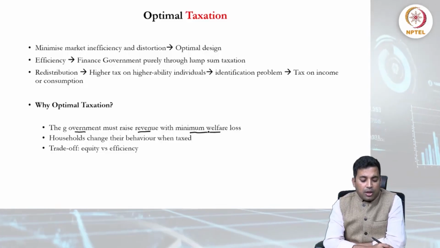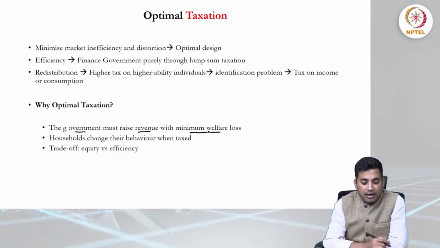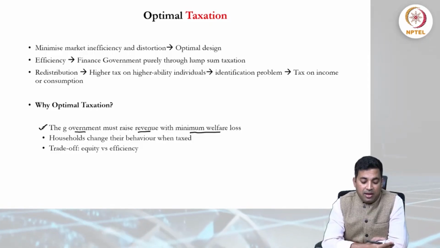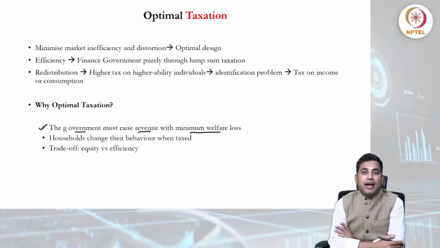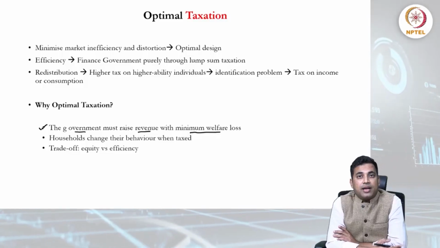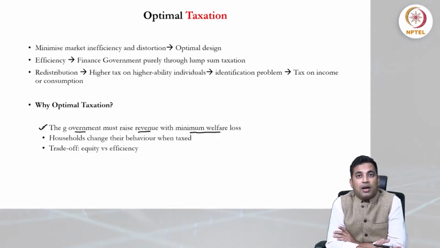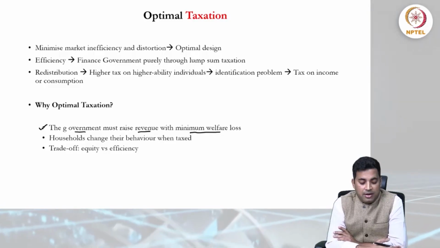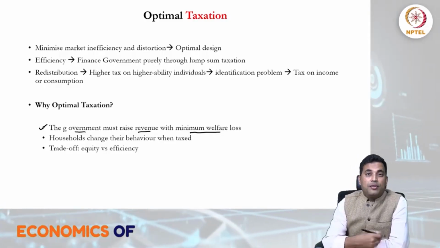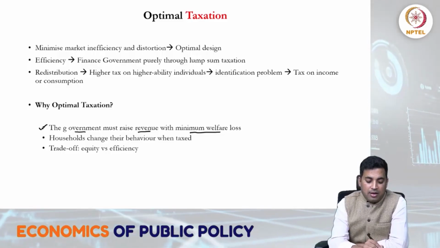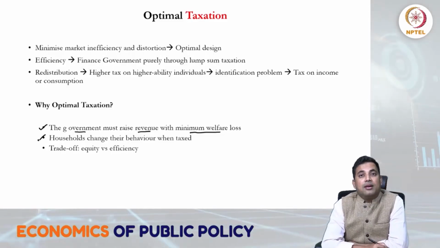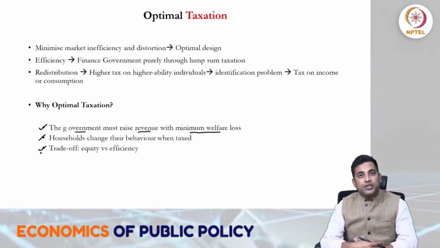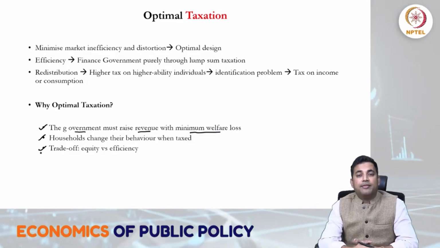Now when we talk about optimal taxation, one really needs to understand household behavior, because tax revenue collection happens from the household, and households change their behavior when taxation is imposed. Therefore, in a way we are talking about the trade-off between equity and efficiency.